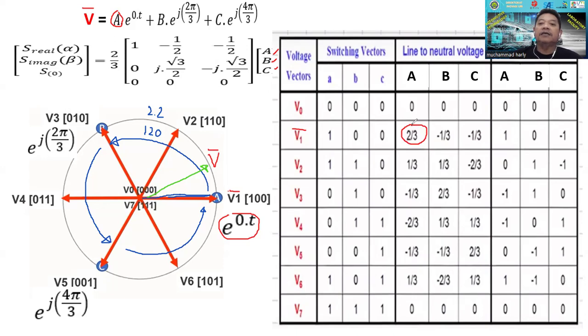And the others, B and C, are minus one-third and minus one-third. You know that the common sum of the three sources EBC is equal to what? 0. It is two-thirds, then minus one-third, minus one-third, which is 0. We can see the balance of the three-phase voltage.